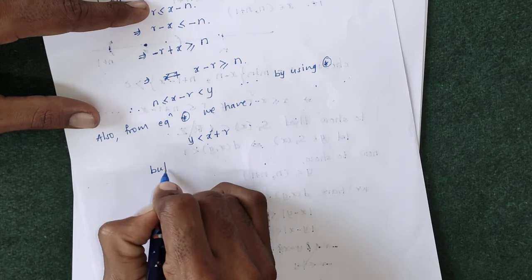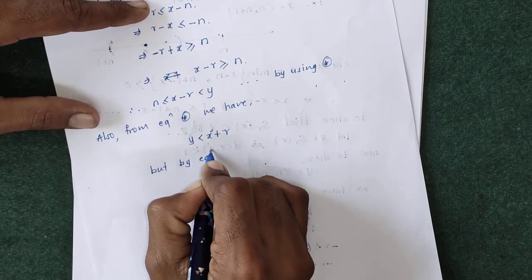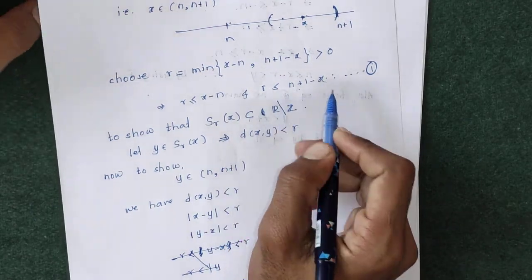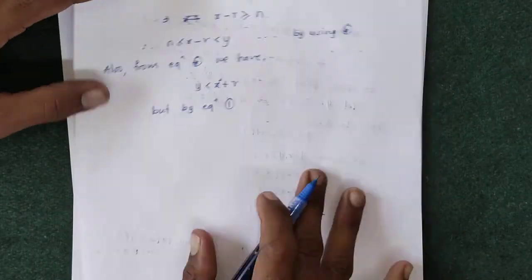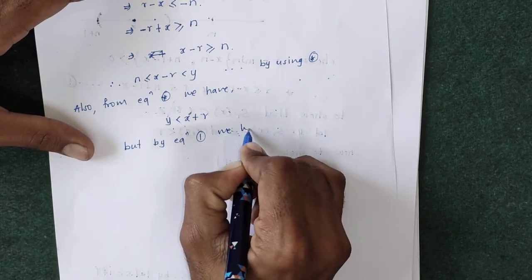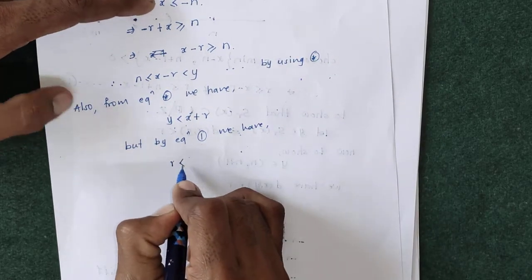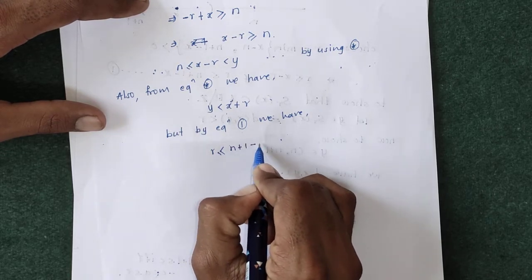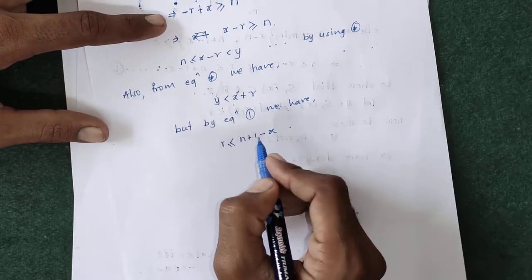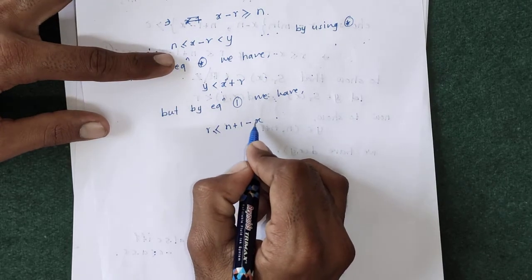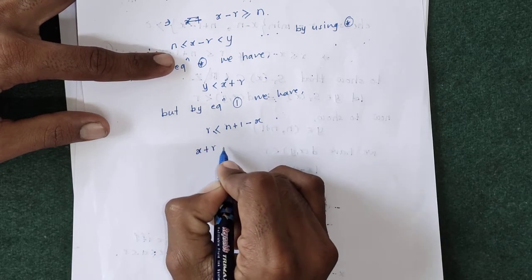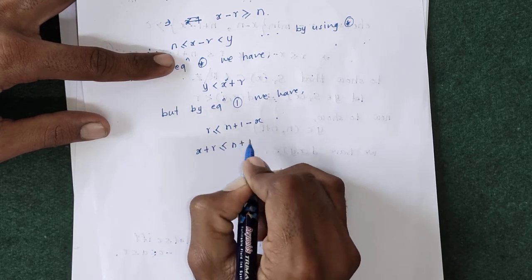But again by equation 1, we have r is less than or equal to n plus 1 minus x. So we can rearrange this by adding x on both sides: r plus x, or x plus r, is less than or equal to n plus 1.